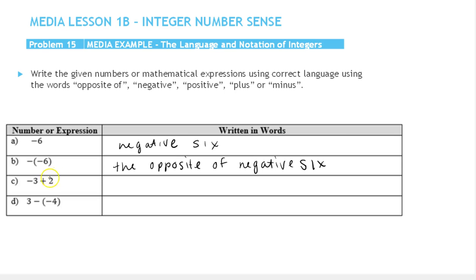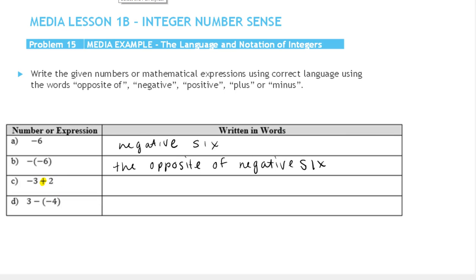Now here, notice there's more than one number, and this will get us ready for the next lesson. Here, this symbol is between the numbers negative 3 and 2. So here, this isn't representing a positive 2 for this 2. It's representing the operation of addition, which we're going to perform on the numbers negative 3 and 2.